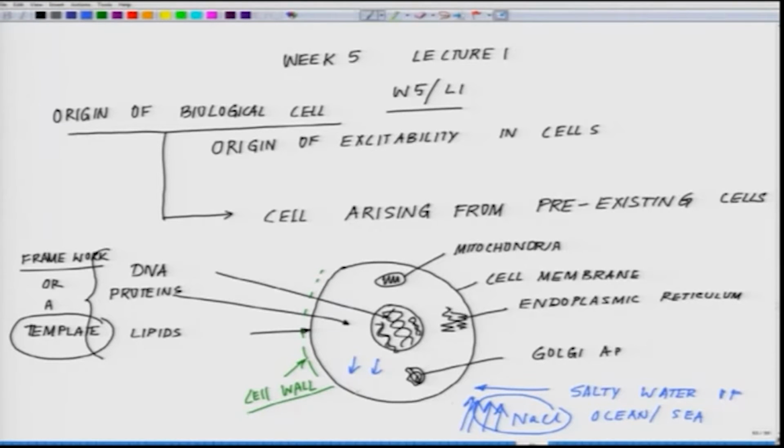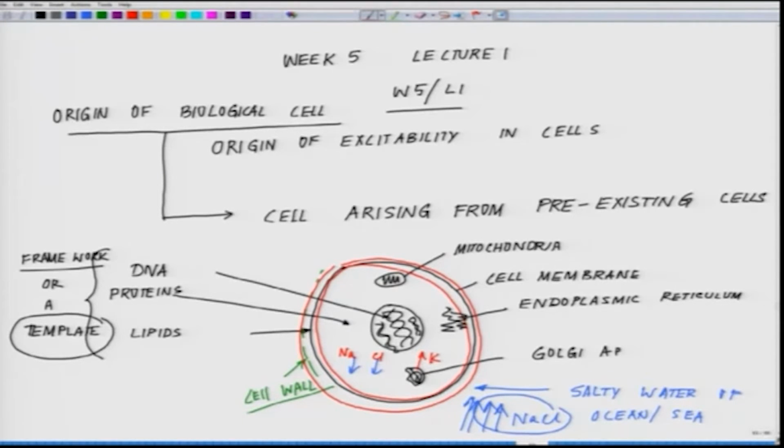In order to do it, it had to create a boundary, which in modern terms is explained by the fluid mosaic model, Danielli-Davson followed by the fluid mosaic model during the 1960s, what we call the cell membrane. Inside it, the sodium and chloride concentration is fairly low, and it has a high concentration of potassium as compared to outside.